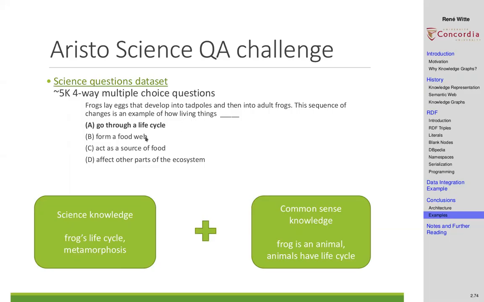So obviously, to answer a question like this, it has to have both specific knowledge about the science domain and common sense knowledge. And with the help of these knowledge graphs, they're getting better and better at competing in this type of challenges. We'll look a bit more into this in the second half of the course.